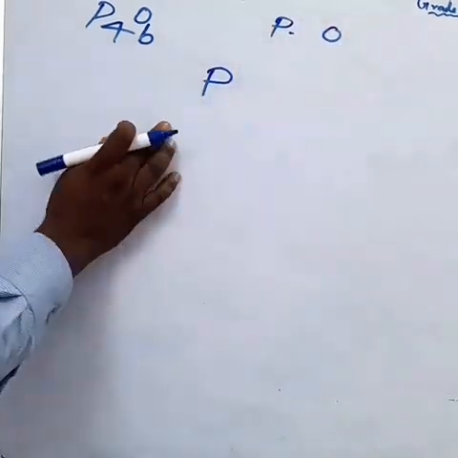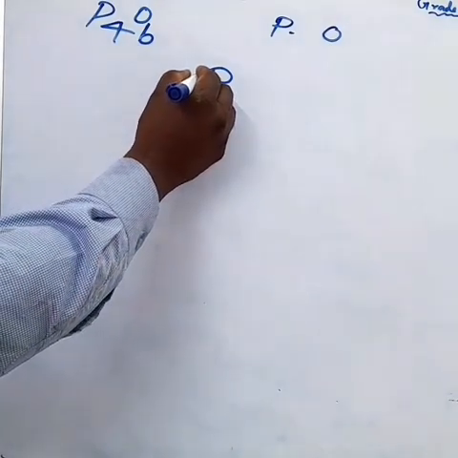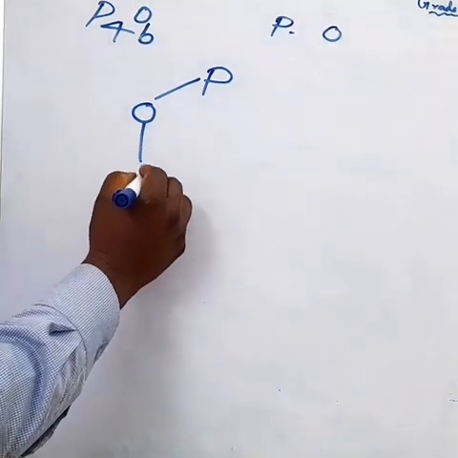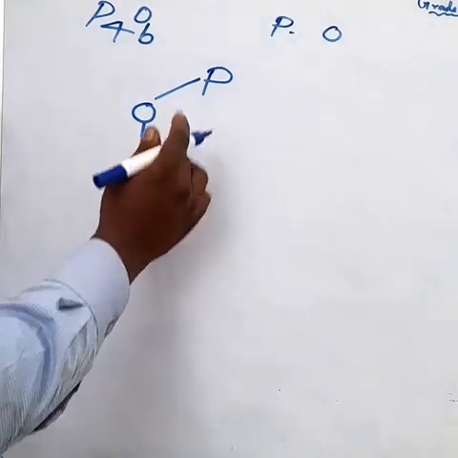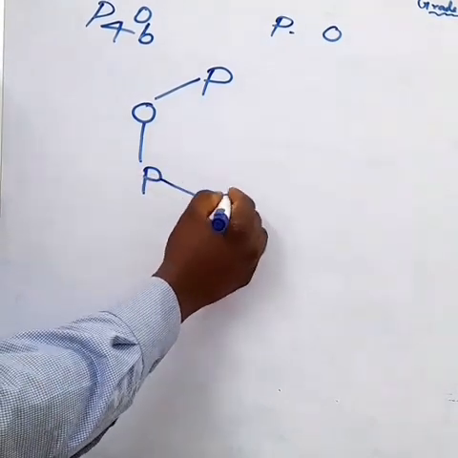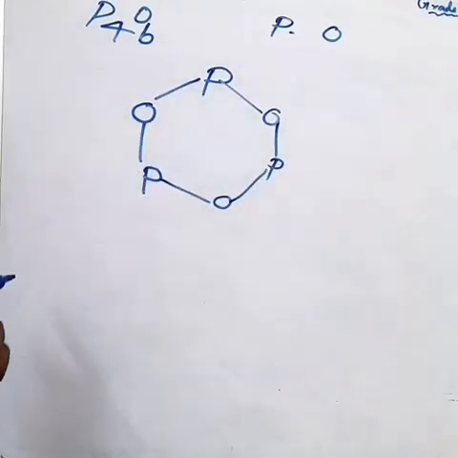First I am drawing the diagram. Starting from phosphorus, first you have to draw a 6-membered ring: phosphorus, oxygen, phosphorus, oxygen, phosphorus, oxygen, joining back to the phosphorus.